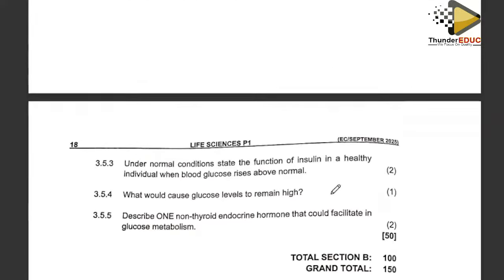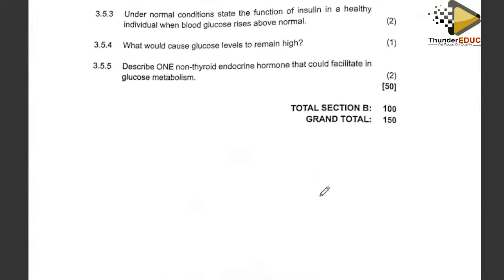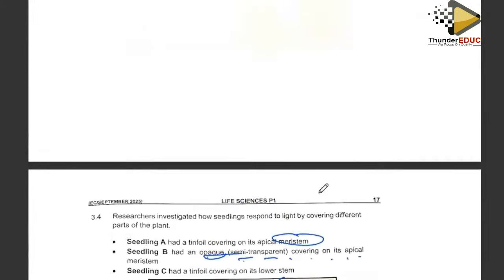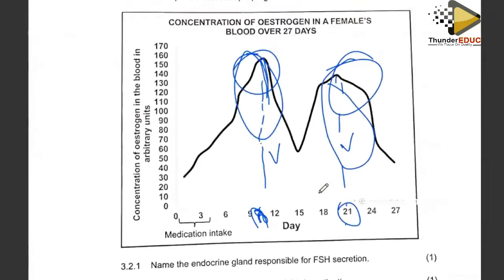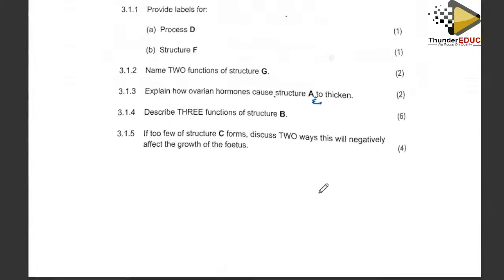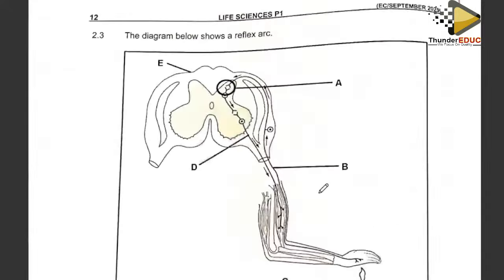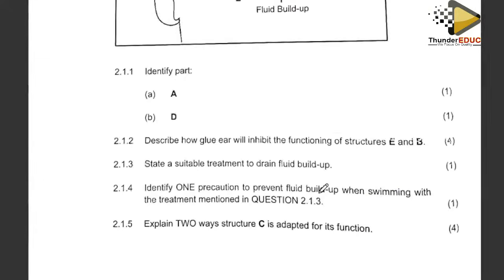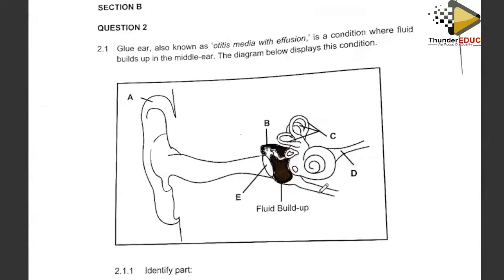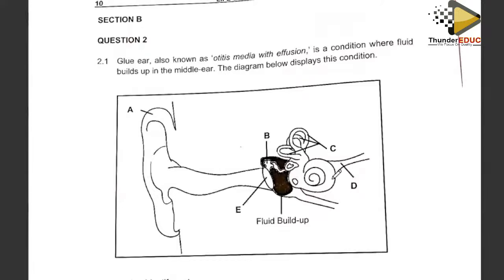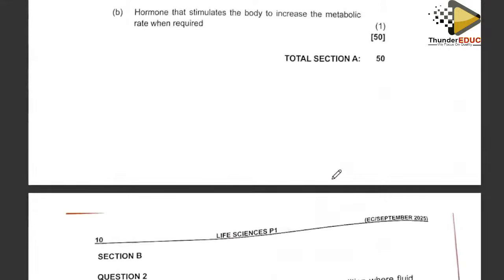So guys, that is it. That was the paper. I think question 3 was not that easy. You guys need to practice more with question 3. Question 2 and question 1 were easy, so I expect people to get not less than 80 out of 150, even if you are struggling.